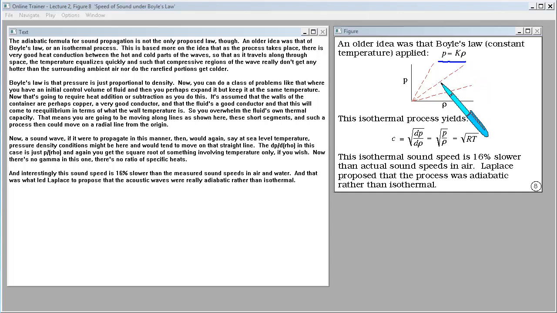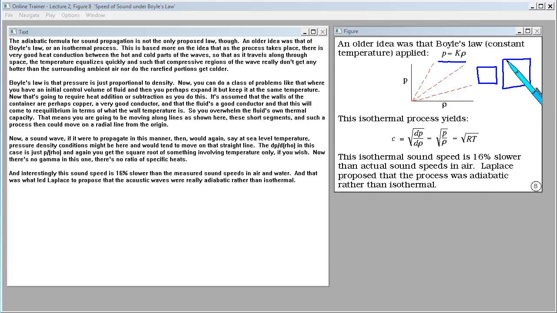Now, you can do a class of problems like that where you have an initial control volume of fluid and then you perhaps expand it but keep it at the same temperature. That's going to require heat addition or subtraction as you do this.